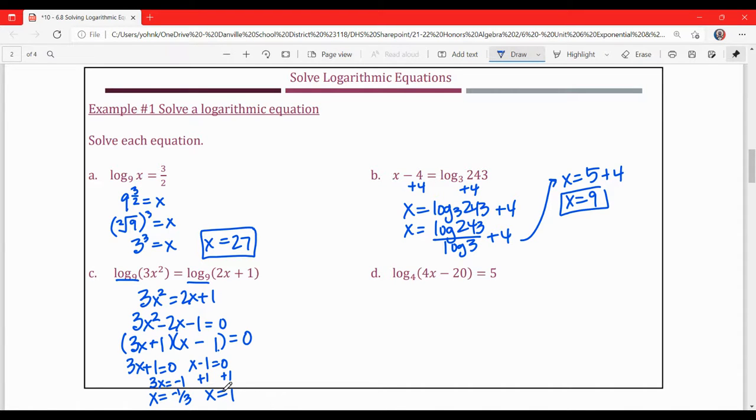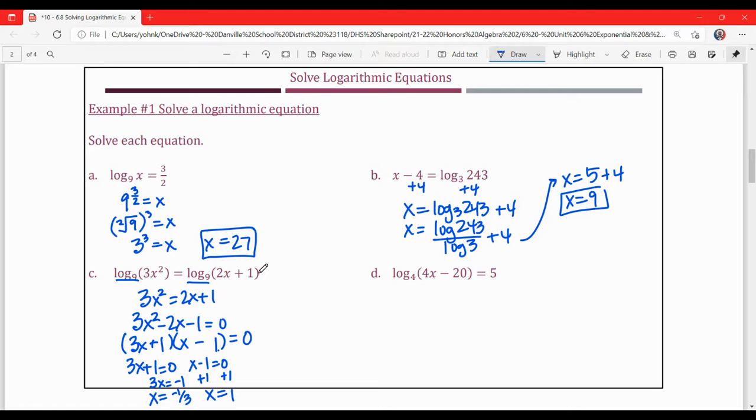Now keep in mind that when you substitute that value back in, I cannot get a negative in the parentheses. If I do, that means that answer is extraneous because I cannot take the log of a negative number. So if I plug negative 1/3 in, I'm fine on the left side because when I square a negative number, it becomes positive. But on the right-hand side, 2 times negative 1/3 is negative 2/3.